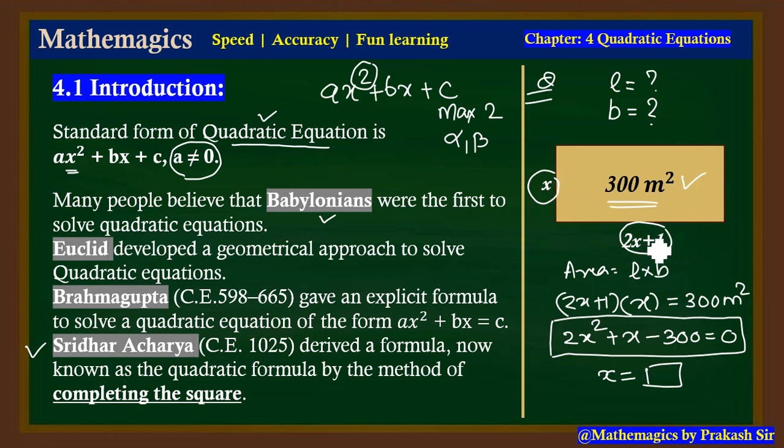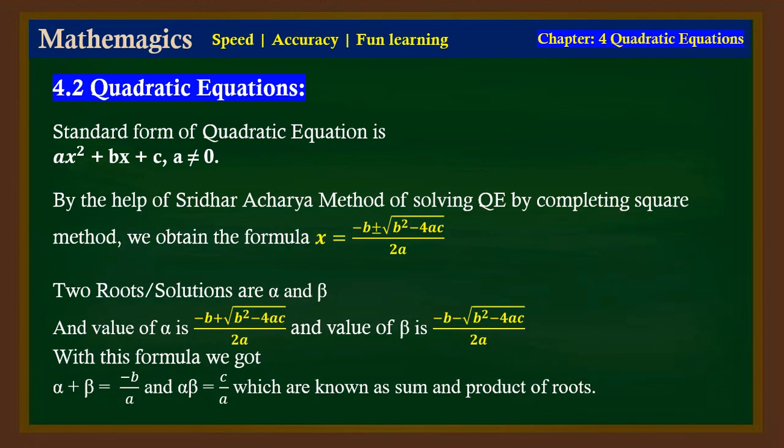So with the help of the quadratic equation only, we can solve this kind of question, and this is application oriented. That's why we are going to start this quadratic equation. Let us move on to have the complete details on the quadratic equation. As we already have understood, the standard form of the quadratic equation is ax square plus bx plus c, and we already have studied why a is not equal to 0 in the earlier part.